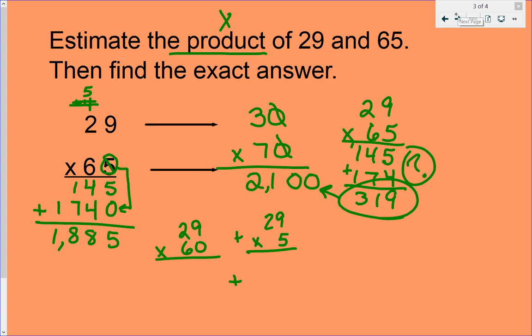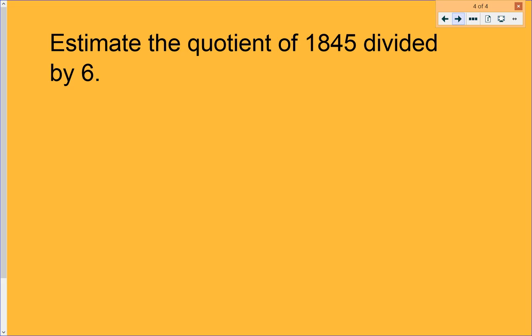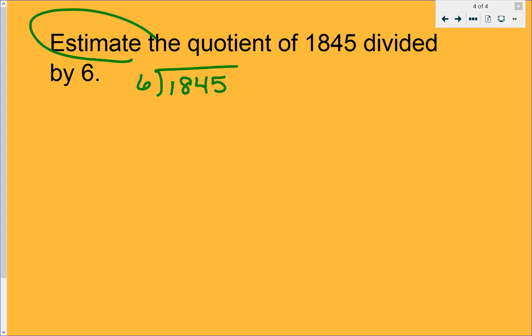All right, next we're going to look at estimating the quotient of a division problem. So I have 1,845 divided by 6. I want to estimate it. Well, estimating for division is a little bit different.